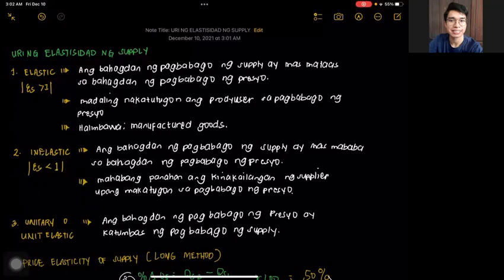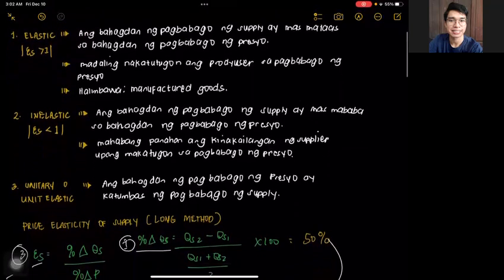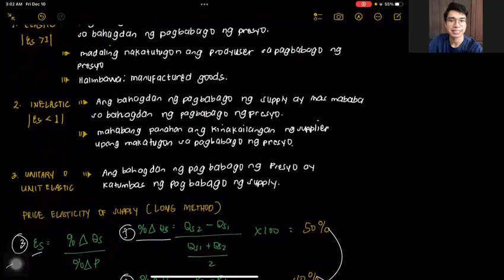Halimbawa nito na madaling malikhang produkto is yung manufactured goods. Pag sinabi naman nating inelastic, mas mababa sa 1 yung nakuha nating elasticity of supply. Ibig sabihin, ang bahagdan ng pagbabago ng supply ay mas mababa sa bahagdan ng pagbabago ng presyo. Kapag tumaas ng 1% ang presyo ng isang produkto, ang pagbabago ng supply ay mas mababa pa sa 1%.